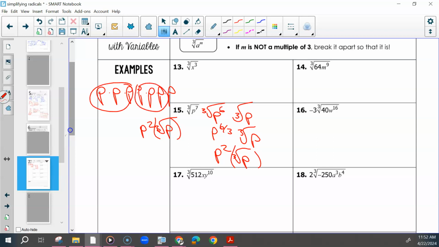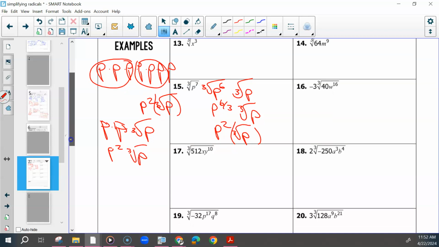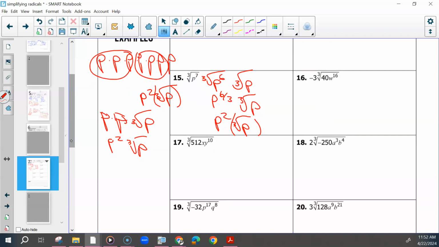So each group would come out, outside of the radical, and then whatever is left by itself would stay inside. So this would give you the same thing. So you choose whichever method you like the best and use that.